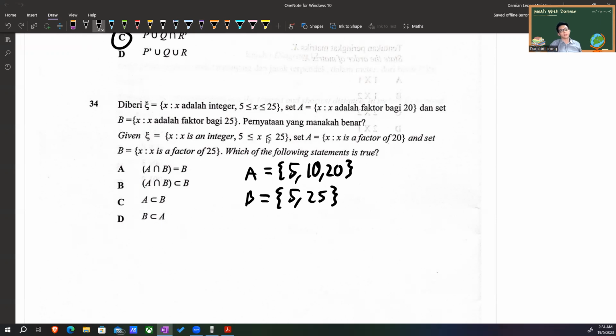A intersect B is a subset of B. That is correct. Yeah. Answer B. A is a subset of B, B a subset of A is not. None of them are subsets of one another. But this is correct because A intersect B is just the 5, and 5 is a subset of B. So that's correct.